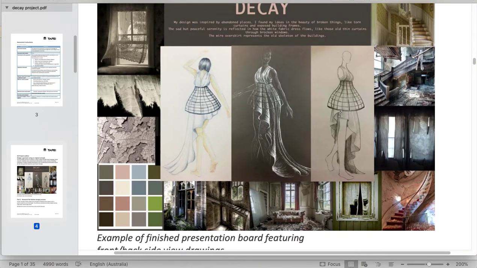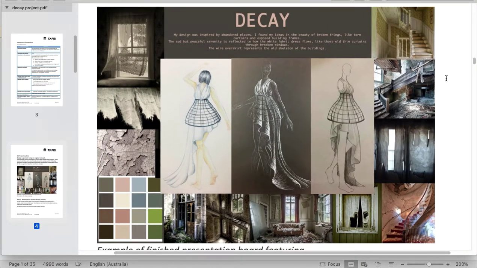The idea of a presentation board is it's something you would show, and you'd have more than one of these, because usually a fashion show, for example, has a range of garments for one particular concept. There'd be a whole range, so variations of it. That's also what we're going to look at: how do you get variations from one idea?